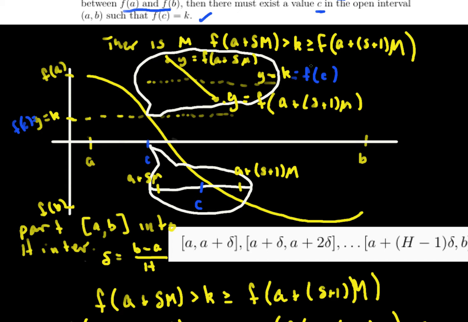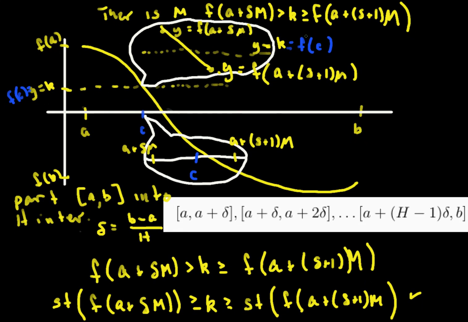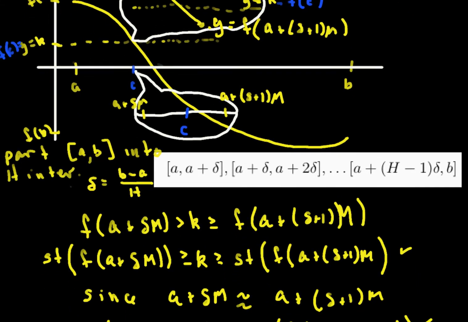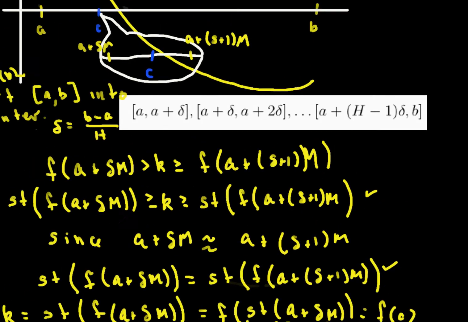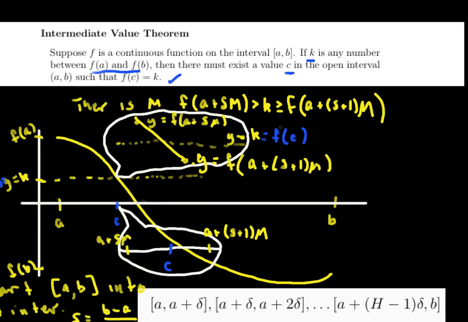I'd recommend, just to get a sense of what happened here, maybe rewinding and watching this a couple of times to make sure that you have some sense of what an infinite partition is and how we can work with them. But nonetheless, we now have the intermediate value theorem.